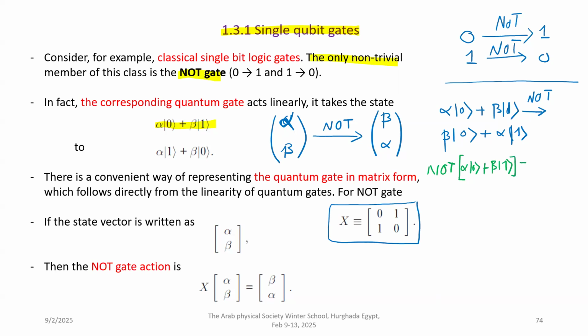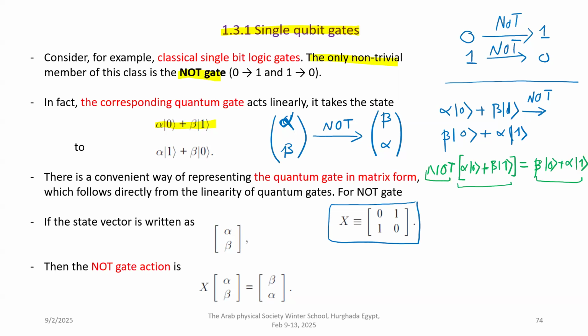What you get on the other side is beta 0 plus alpha 1. So as you can see, I'm applying the NOT gate to this qubit, and I get a new qubit that is flipped from the previous one: instead of alpha 0 plus beta 1, you have beta 0 plus alpha 1.